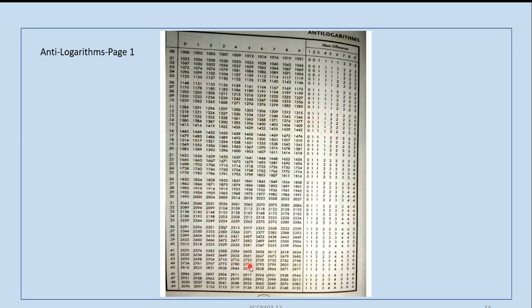So here we put 2727 and then 4 zeros after 2727. That means 8 digits should be there in the number.